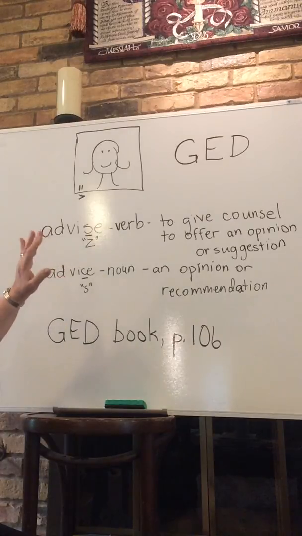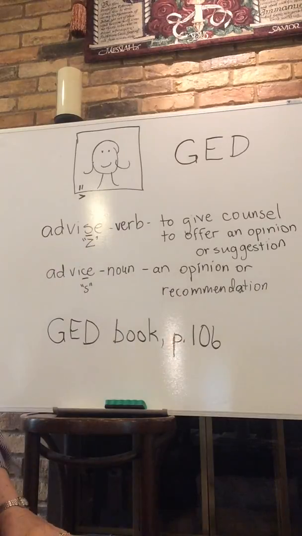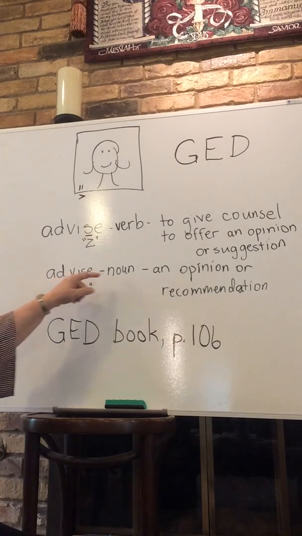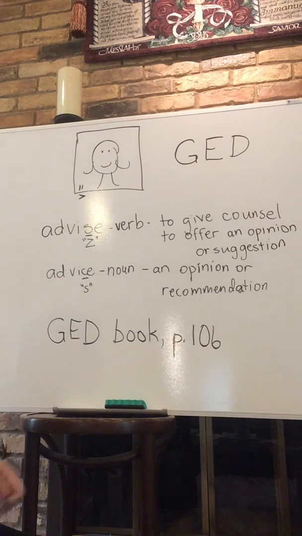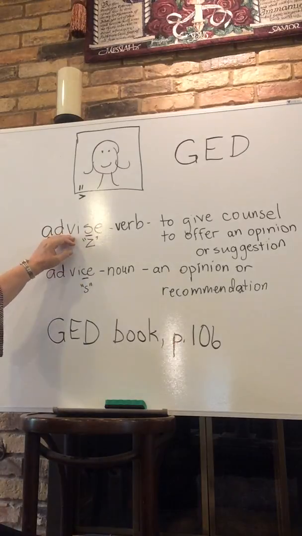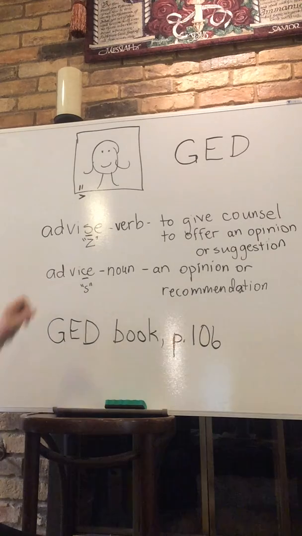So those two words are a similar topic, but the one with the Z sound, advise, is an action word. It's a verb. And the one with the S sound, spelled with a C, advice, is a noun. They are related, but one is a verb, advise, and one is a noun, advice.